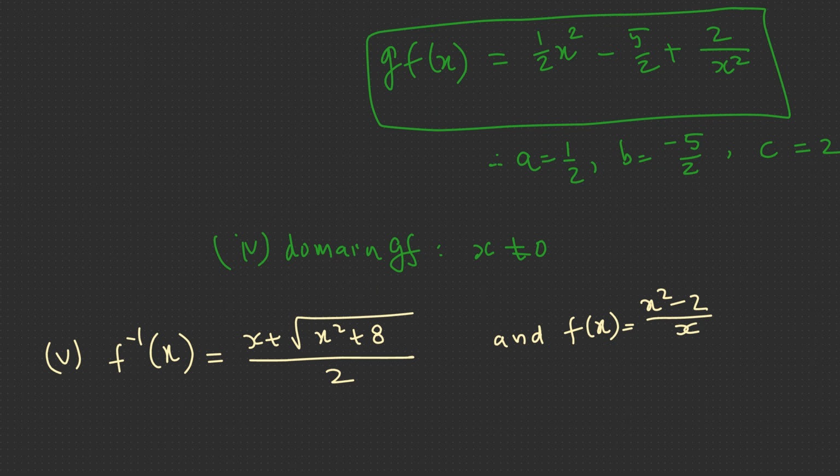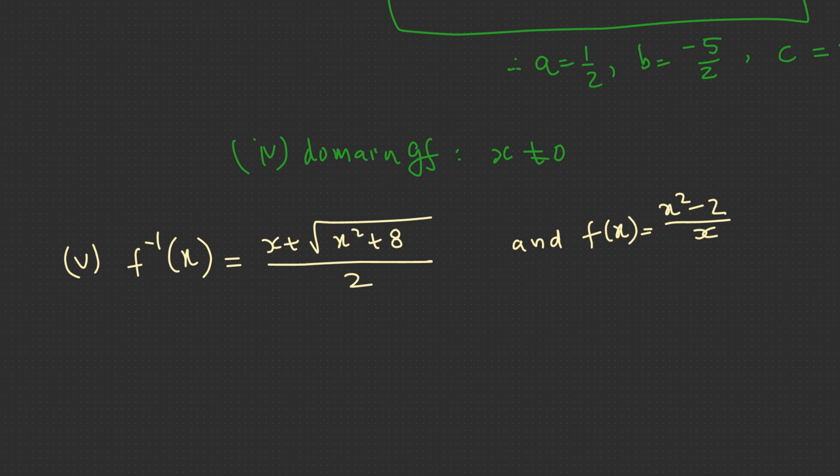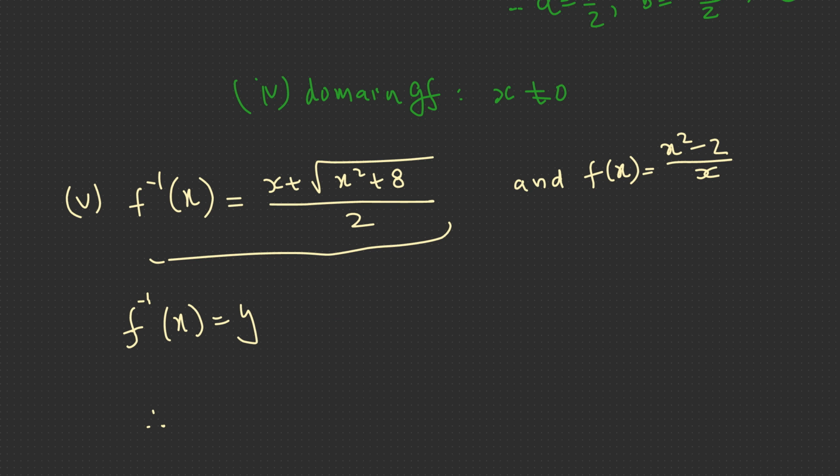So we can approach this a bit differently, start from the end. If I say that f inverse of x is equal to y, then I can say hence y is equal to (x plus square root of x squared plus 8) over 2.